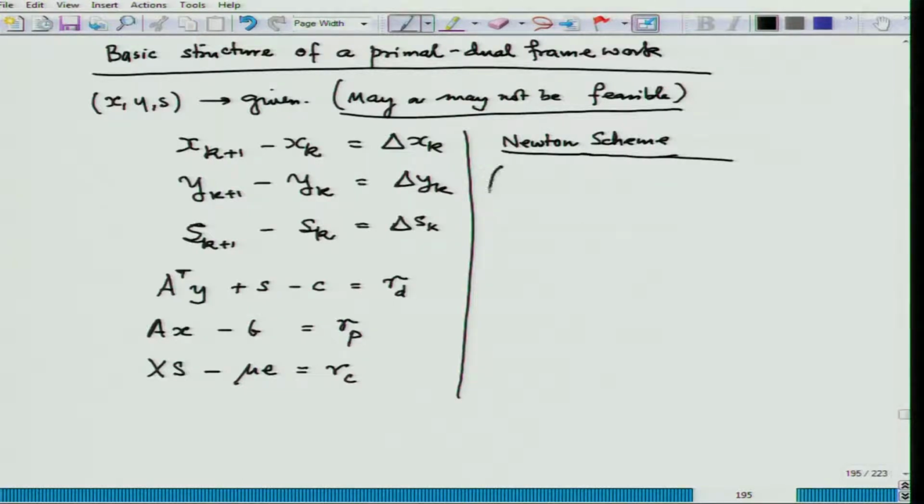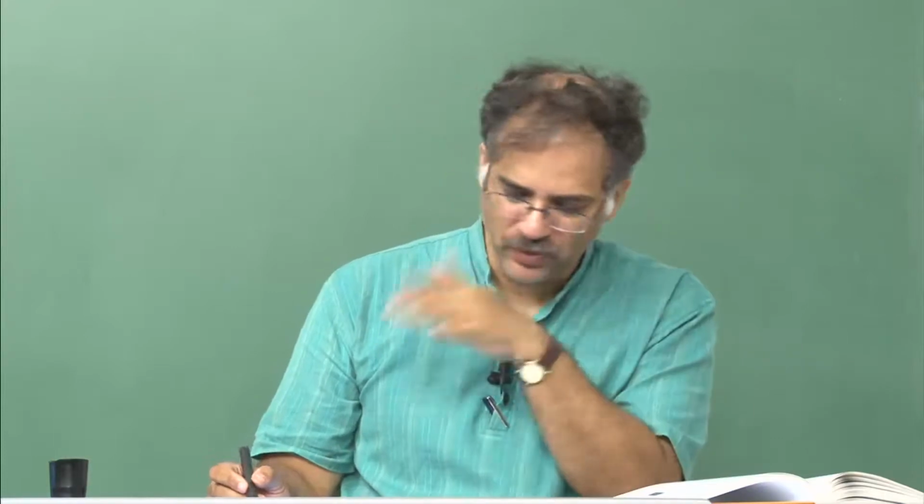In this particular case, it will look as this into delta x k, delta y k, I am just writing delta x. Delta x means x k to x k plus 1 for the time.